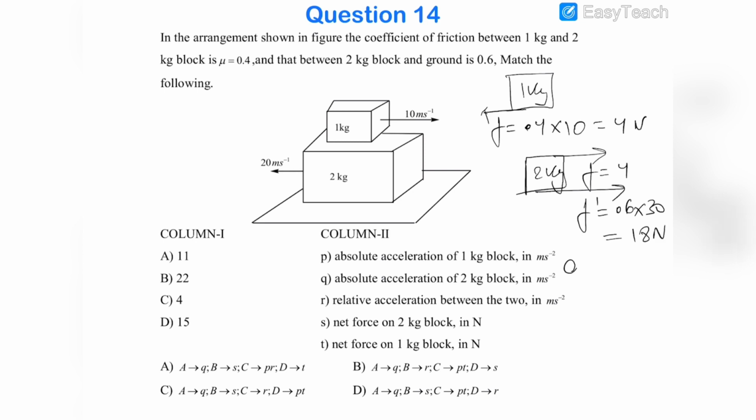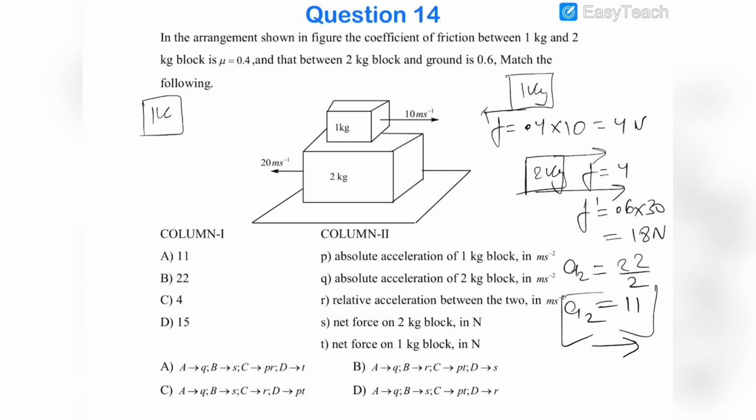So the acceleration, or we can say the retardation, of the 2 kg block will be 22 by 2, which is 11, and it is in the backward direction, and the retardation of this 1 kg block will be 4 by 1, which is 4 in the forward direction.